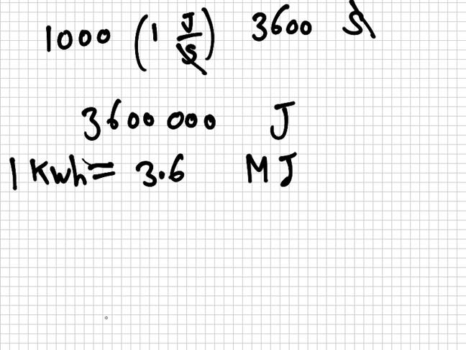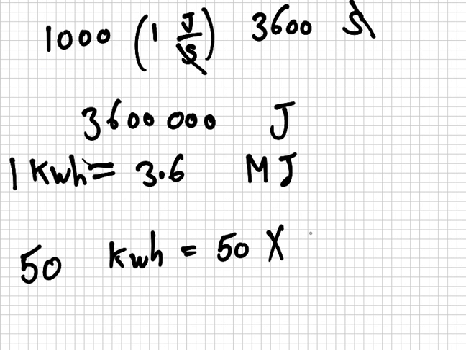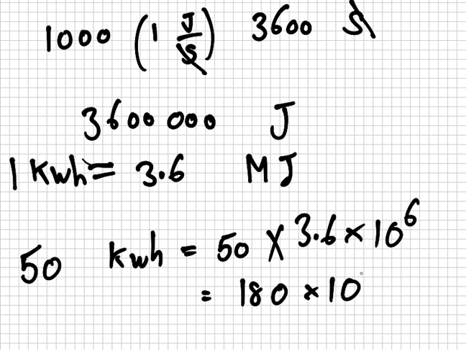So if, for example, you get your electricity bill and they say you used 50 kilowatt hours, how many joules would that be? That would be 50 times 3.6 times 10 to the 6. What's that? 180 megajoules, yeah. 180 times 10 to the 6 joules.